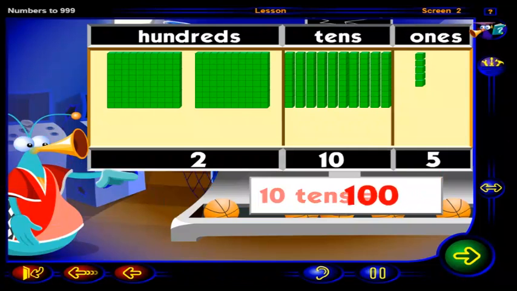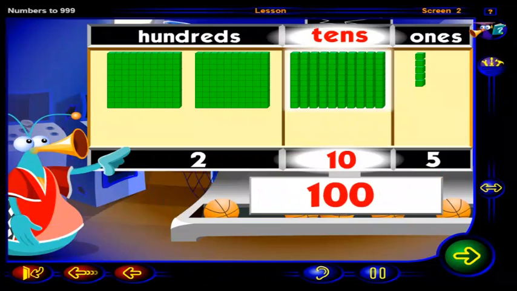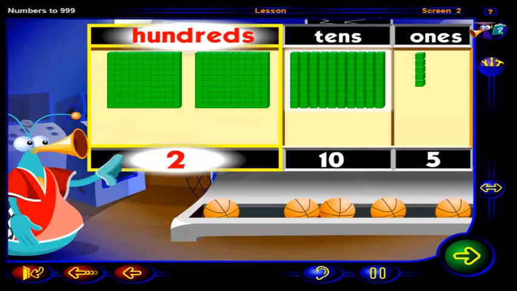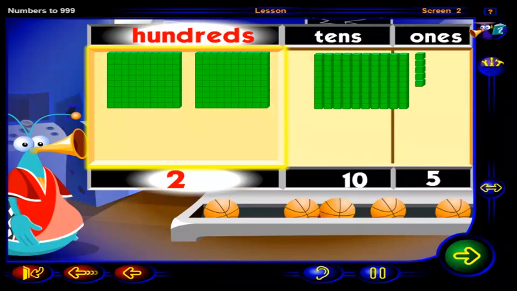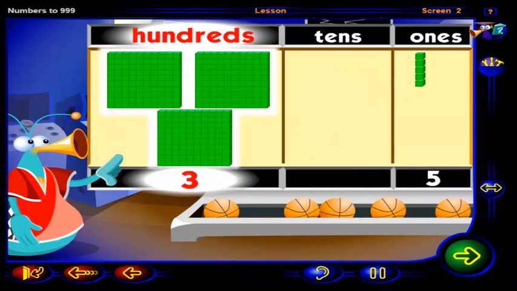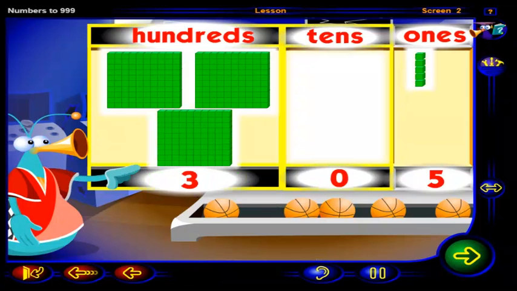So we can group these 10 tens to make 100. Drag this group of 10 tens into the hundreds place. Now there are 3 hundreds in this place, 0 tens in this place, and 5 ones in this place.